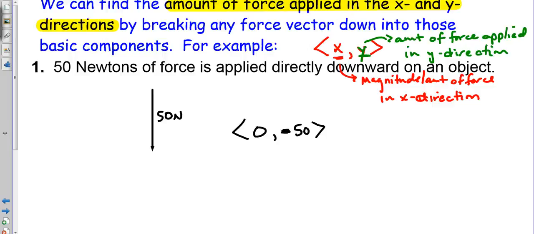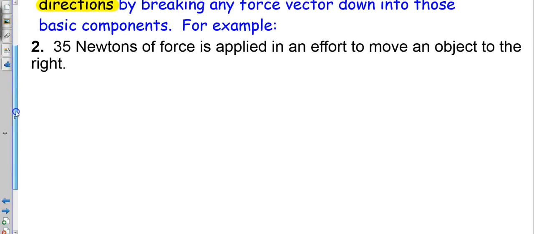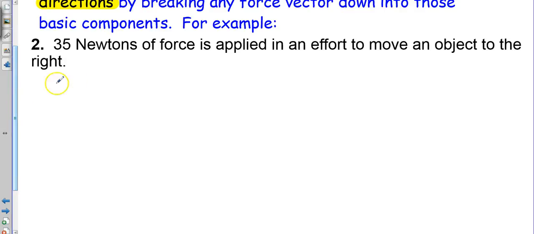All right, another quick example here. 35 newtons of force is being applied in an effort to move an object to the right. So first of all, let's draw a little object. Whenever we draw a little object, we draw what's called the center of mass. We just put a dot right in the middle of it. And then from there, we can draw in our vectors.